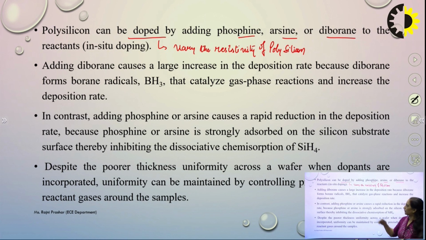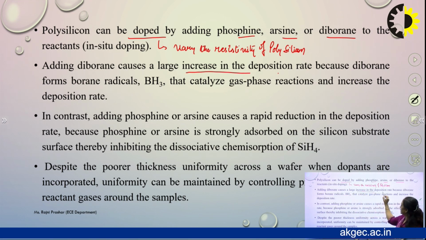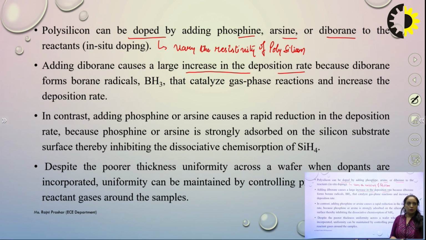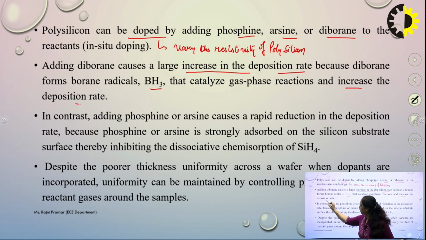That is why we can dope these dopants in the polysilicon, and each dopant will have a different effect. For example, adding diborane causes a large increase in deposition rate because diborane forms borane radicals, BH3, that work as a catalyst for the gas phase reaction and increase the deposition rate.